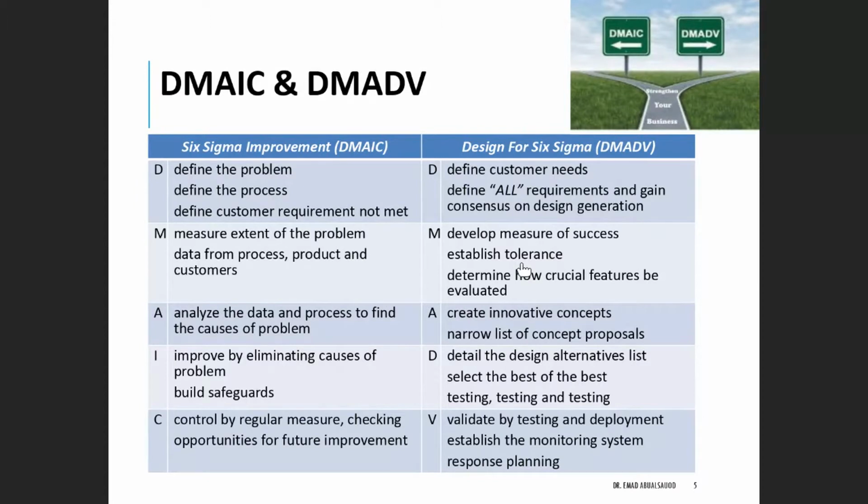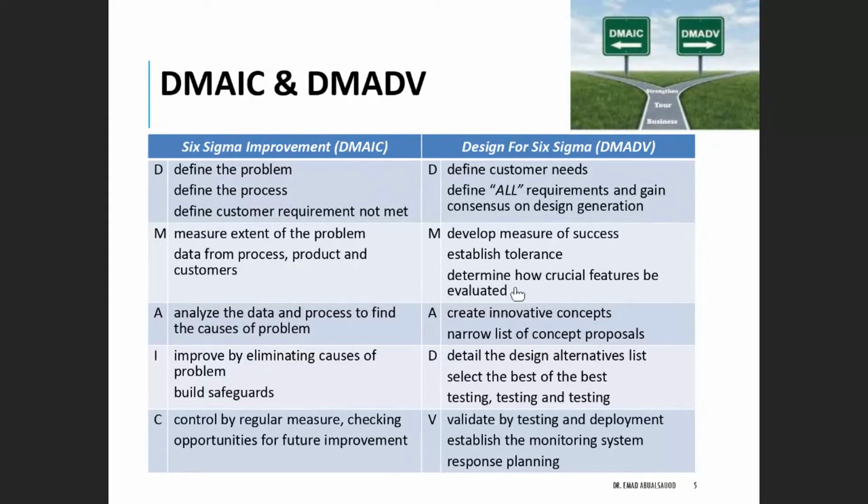You establish the tolerance so that you can measure later, when you do the design and the verify, what is acceptable and what is not. Here it is already there, but you have to measure. You already have a tolerance set up earlier in the process, and you need to measure that and make sure that you are within the tolerance or not.